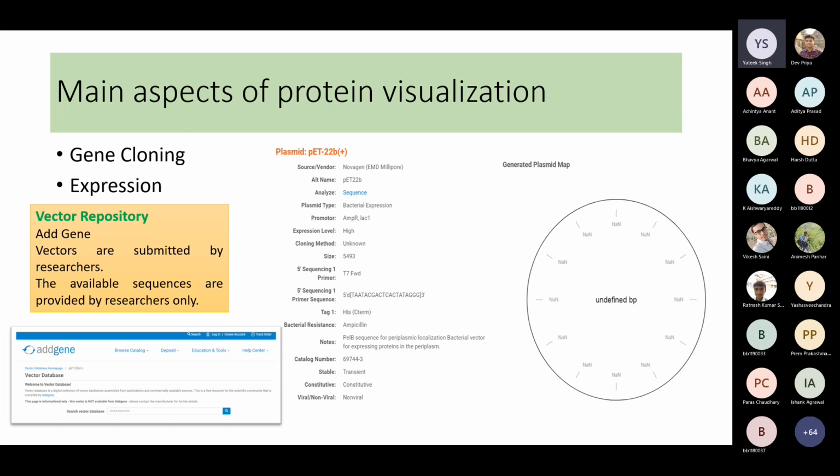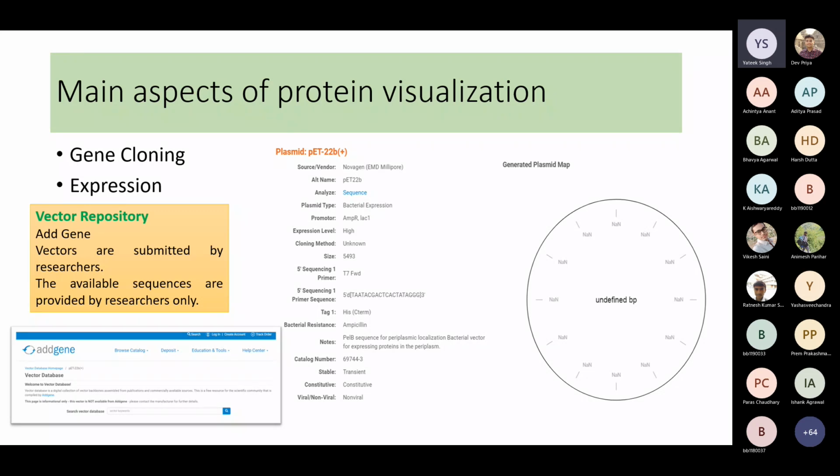To solve that problem, people came up with plasmids. Plasmids are mobile genetic elements which can be acquired by bacteria through horizontal gene transfer. They can also be acquired by vertical gene transfer, but in the lab, when we express any protein, we express it in a plasmid because the plasmid can be transferred horizontally.